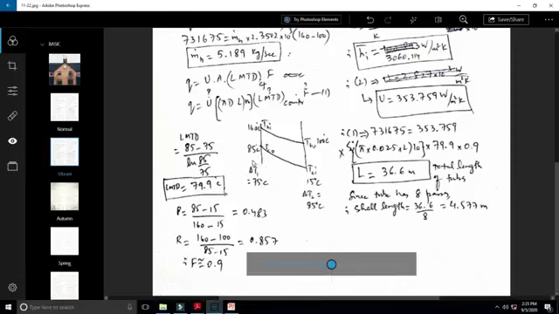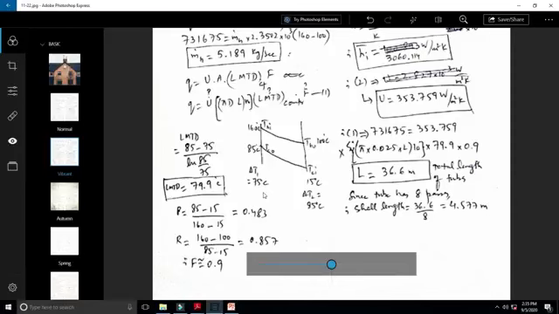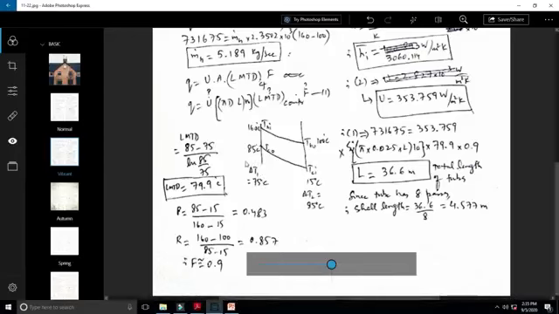We could have called it the inlet section if it had been a parallel flow heat exchanger, because in a parallel flow heat exchanger both the fluids enter at the same point and exit at the same point. But in counterflow, inlet of one is the outlet of the other and vice versa. So therefore we may call this section 1 and this section 2.